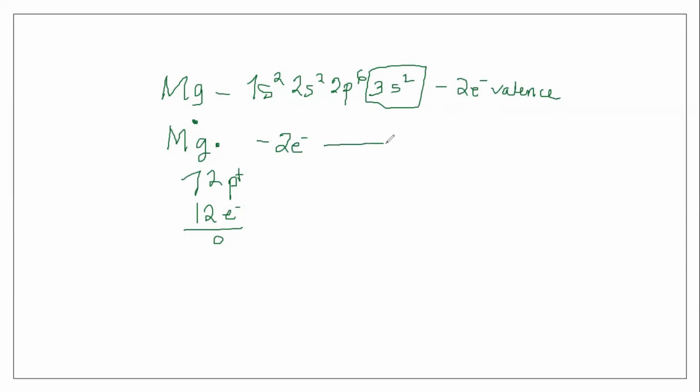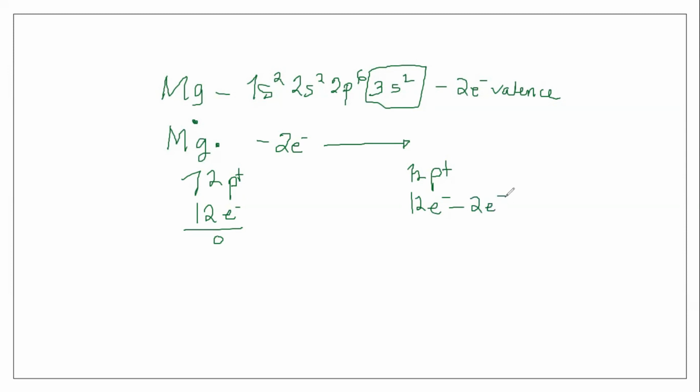Okay, so therefore, to make an equation, let us try to equate again 12 protons and then 12 electrons. Again, sa electron lang po tayo magbabawas. Ilan ang babawasan natin? Dalawa.